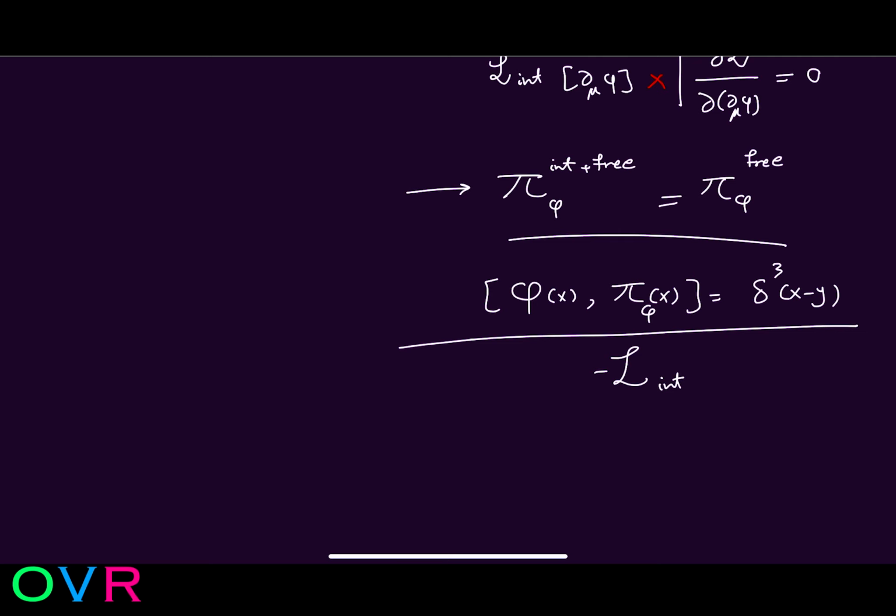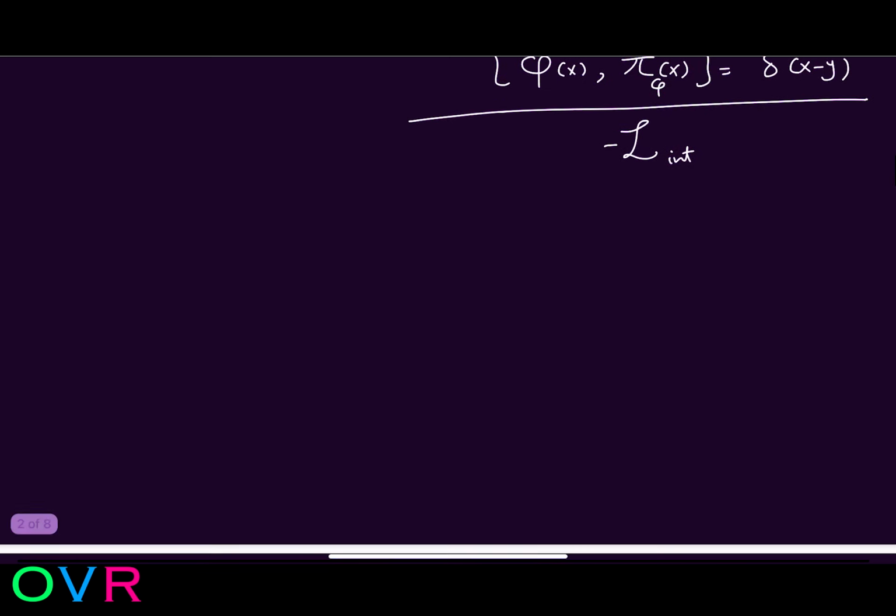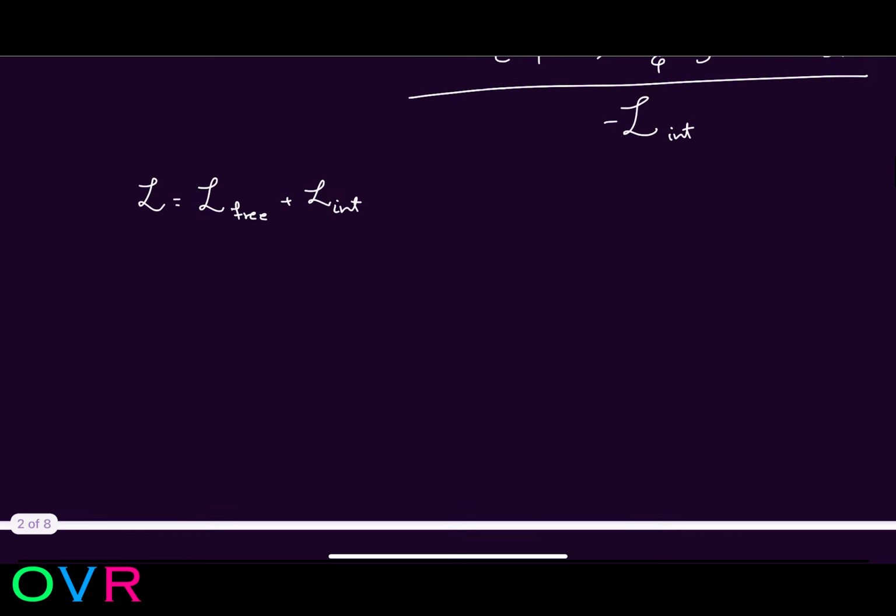And this only happens when there is no explicit dependence on the derivative of the field in the interaction Lagrangian. So I can then say, if I have a Lagrangian that has two terms, free and interaction Lagrangian, if I take the interaction to 0, my solutions should go to the free solution. And this is the kind of approximation that we can choose.